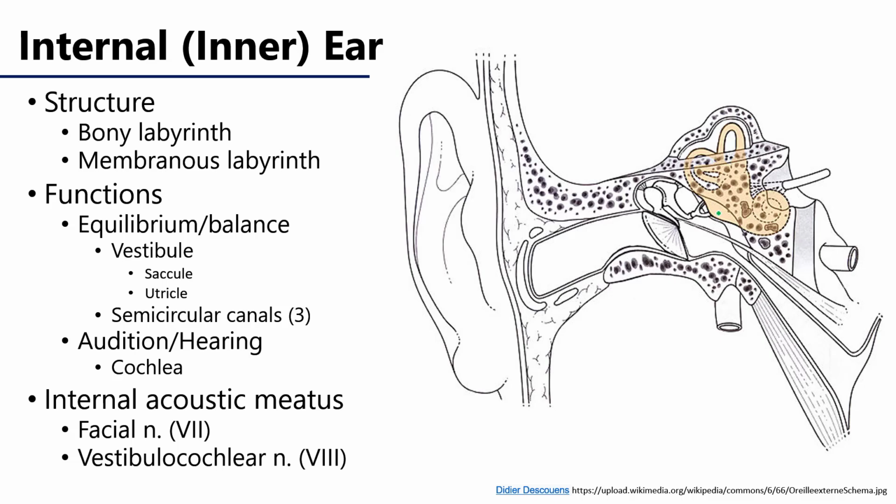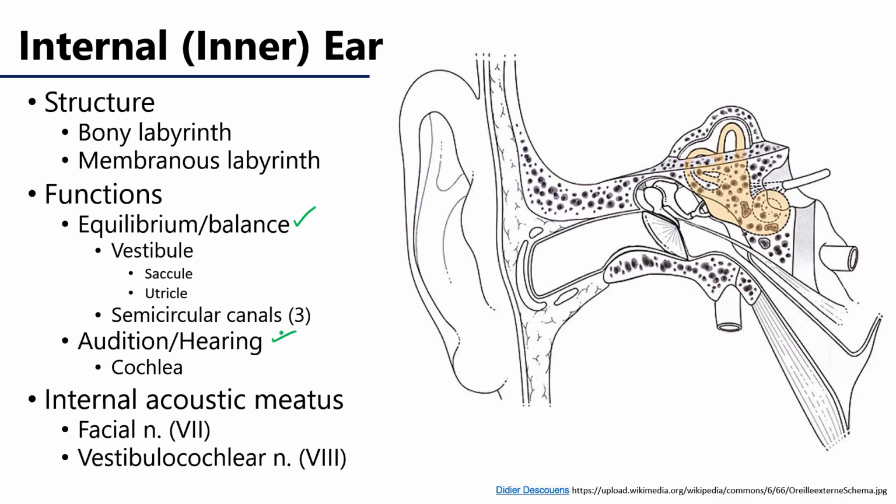And within that membranous labyrinth we have endolymph. So all of the sensory receptors are going to be housed within this membranous labyrinth. And they're going to function either to help with equilibrium and balance or audition in hearing.